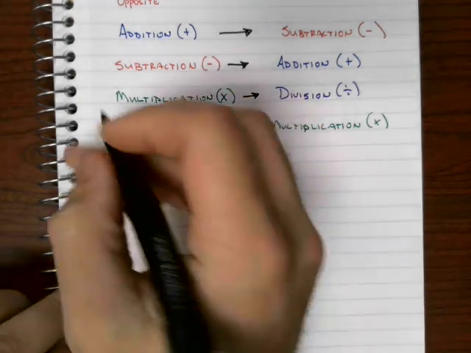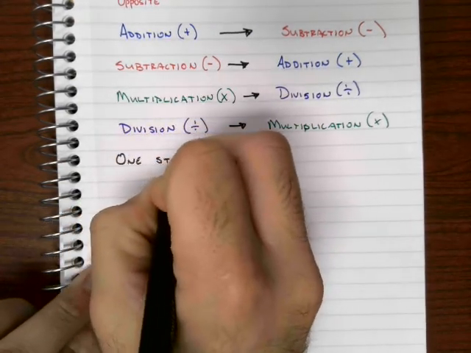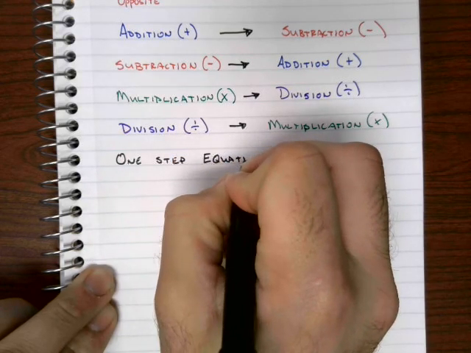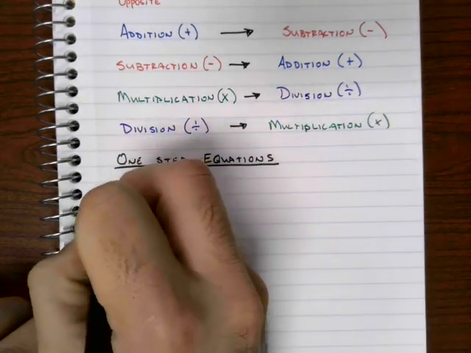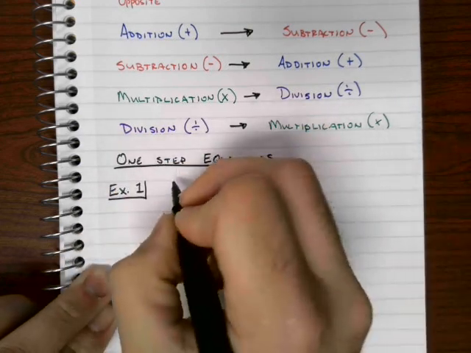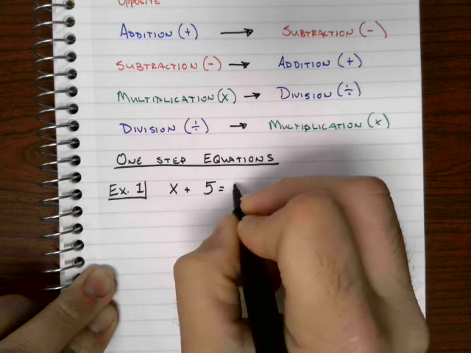So the first thing we're going to look at is one-step equations. Let's say I have x plus 5 equals 8.